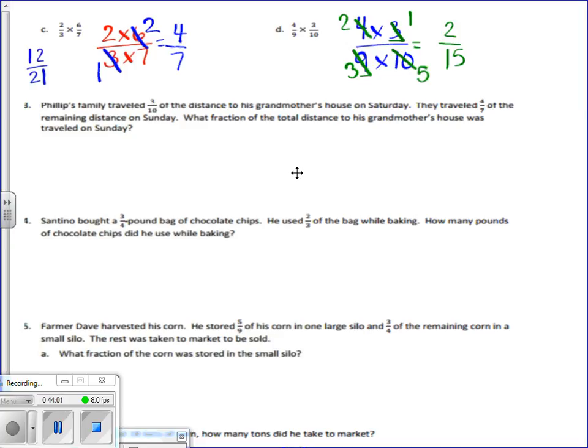This is a tape diagram problem. I don't like those problems. You need to be able to read the problem. Whenever you hear a remaining kind of thing, you need to realize that's probably going to be a tape diagram type problem.